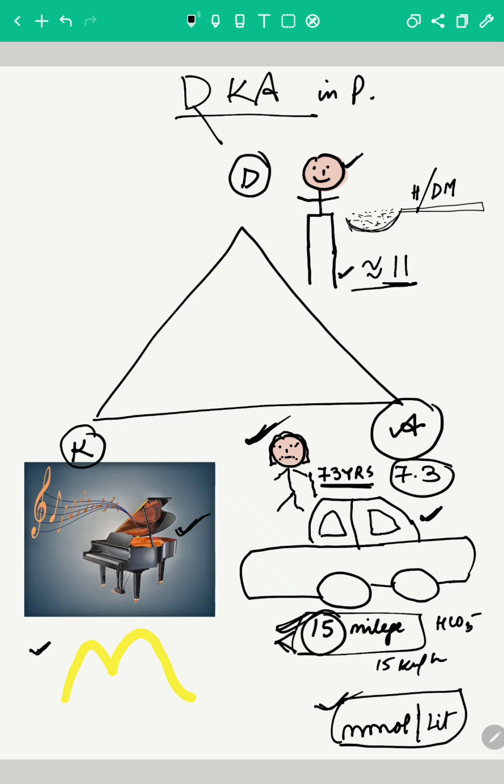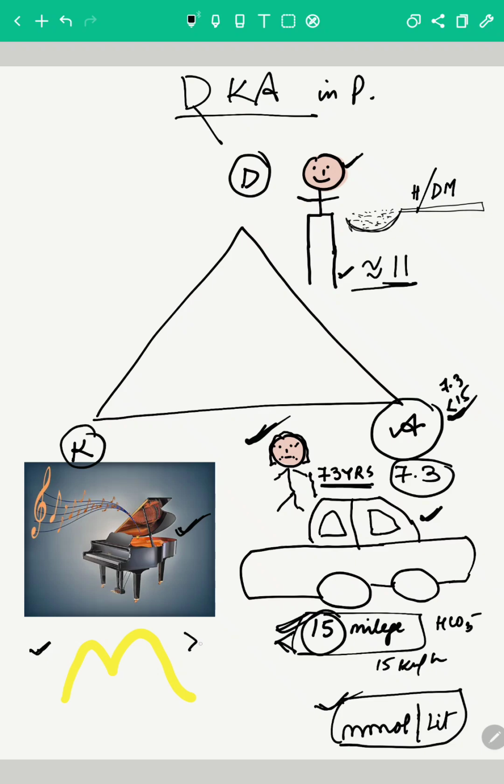This signifies diabetic ketoacidosis complete. That is, we have the diabetic component, the ketosis component, and the acidosis component. Here we have to remember 7.3 and less than 15.